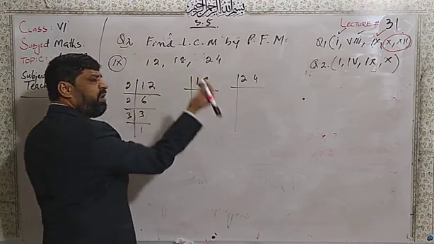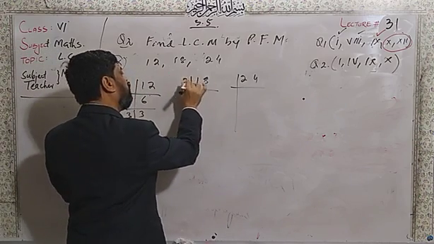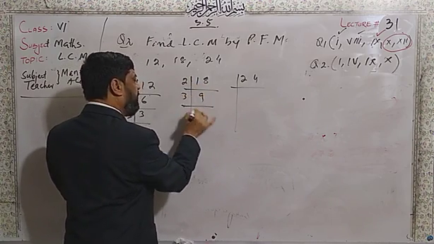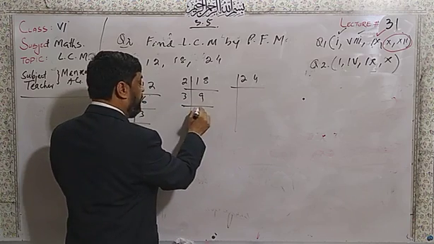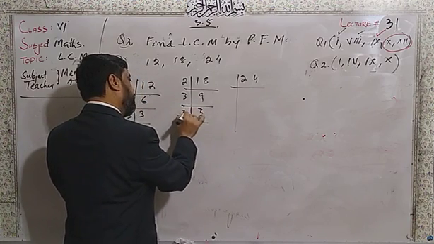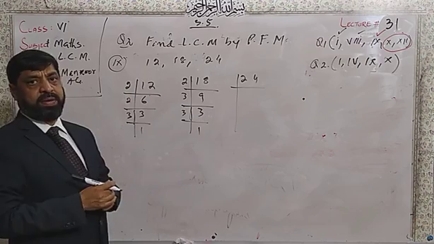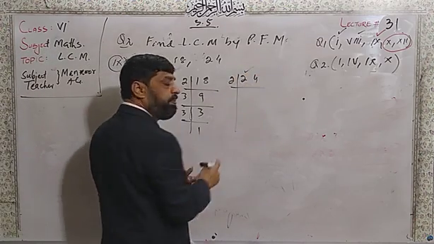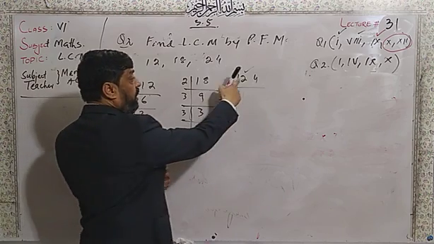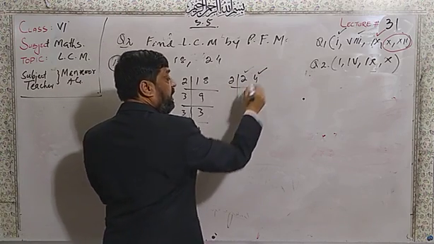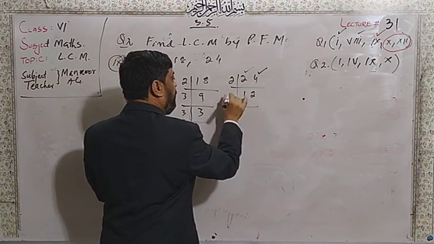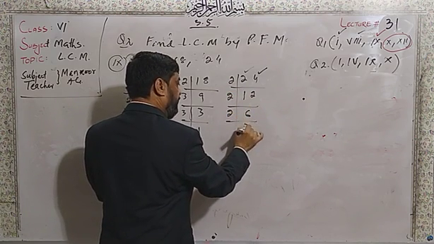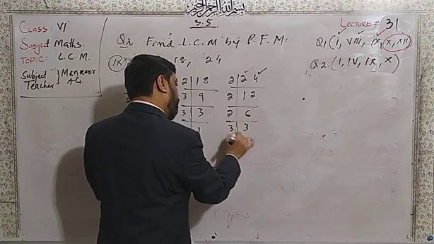After that, smallest prime number 2, here 9 times, then smallest prime number on 9, 3 times, and then 3 on 3, 1 time. Here I will start with the smallest prime number 2 on 2, 1 time, then on 4, 2 times. Smallest prime number on 12, 6 times, here 2 on 6, 3 times, and here 3, 1 time.